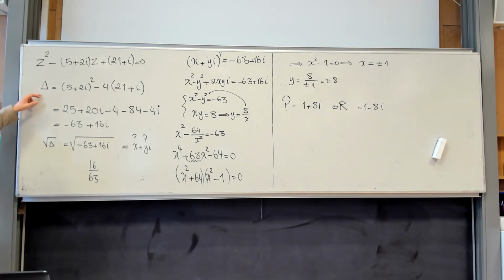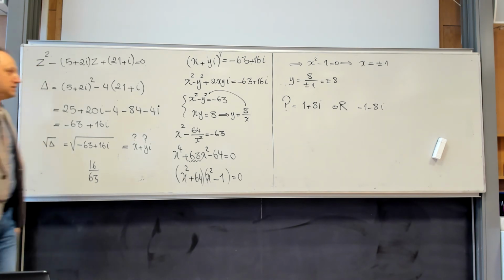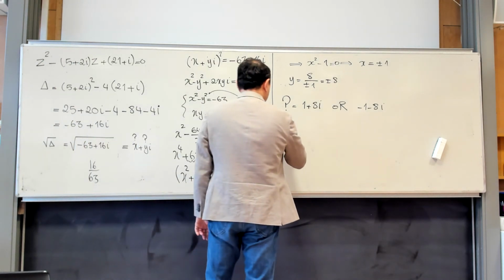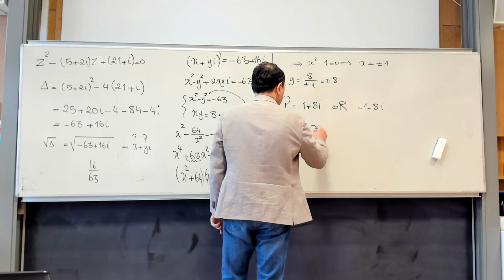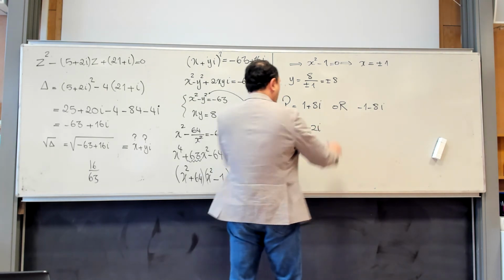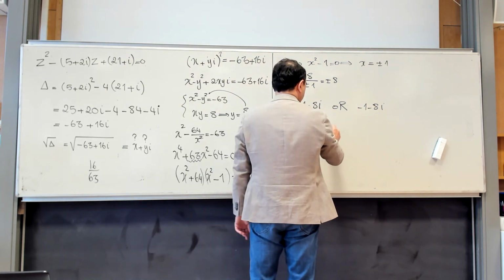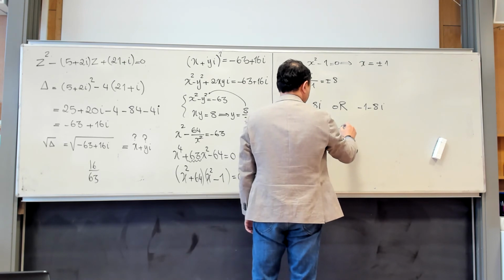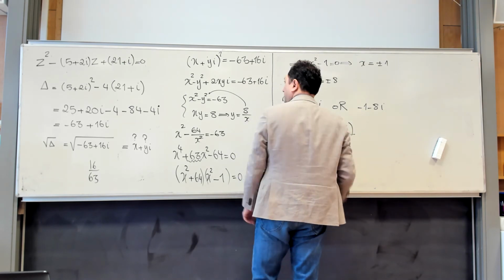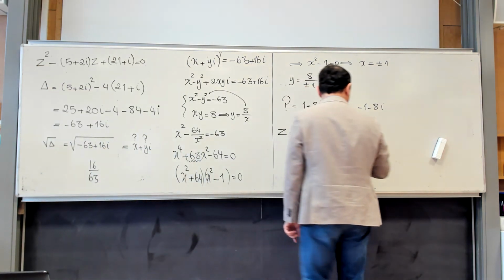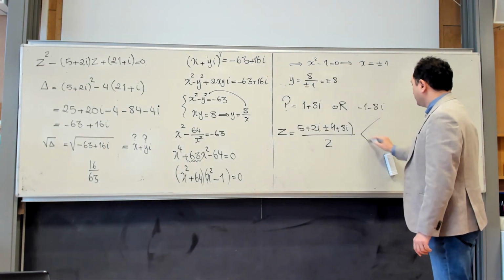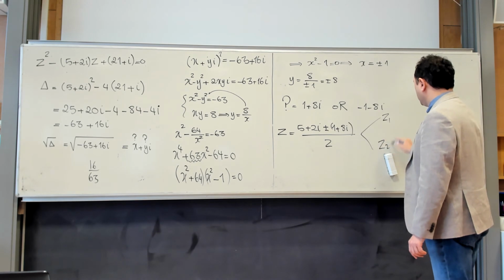Okay, so now we have everything, but I want to calculate z. So what is z? Z has a formula: minus b, which is 5 plus 2i, plus or minus 1 plus 8i, and then divided by 2 times a, which is 2. And this is very simple now. So I have two roots for this equation, z1 and z2.